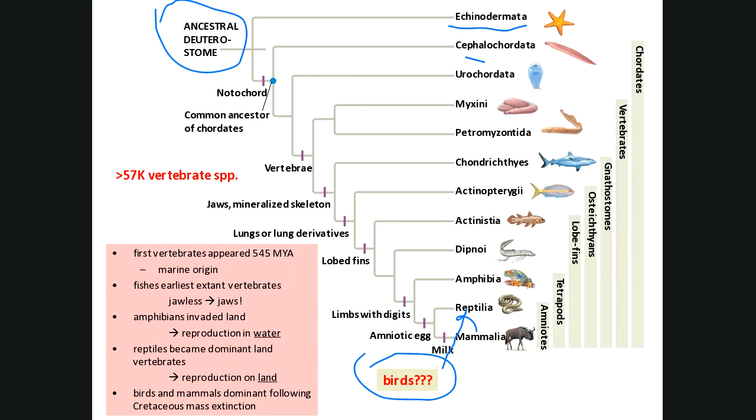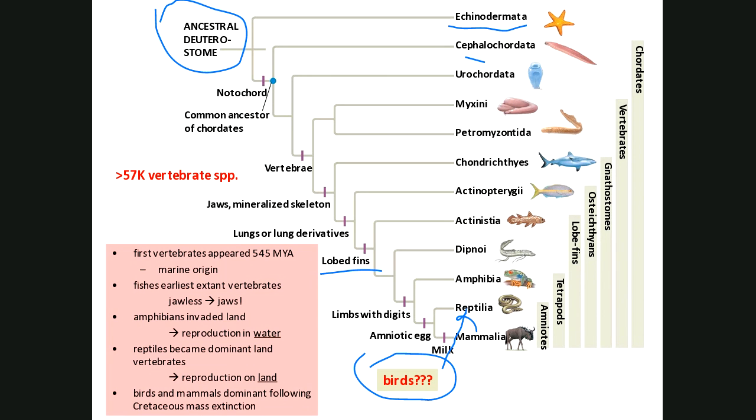Lungs, gills, lung derivatives, lobed fins. You see, the ability to live on land started back in fish. There are certain groups of fish, even alive today, that have fins a little different than their counterparts. They're not the regular fish limb.